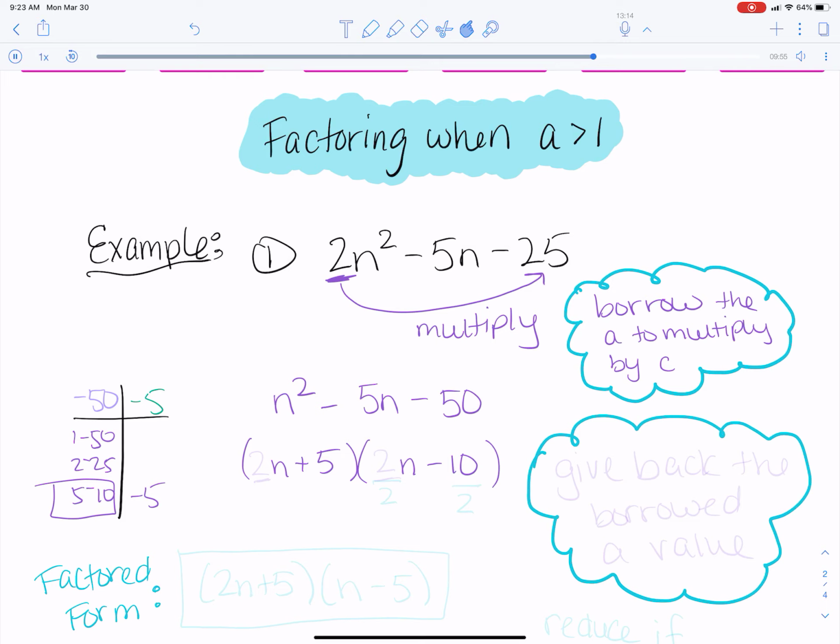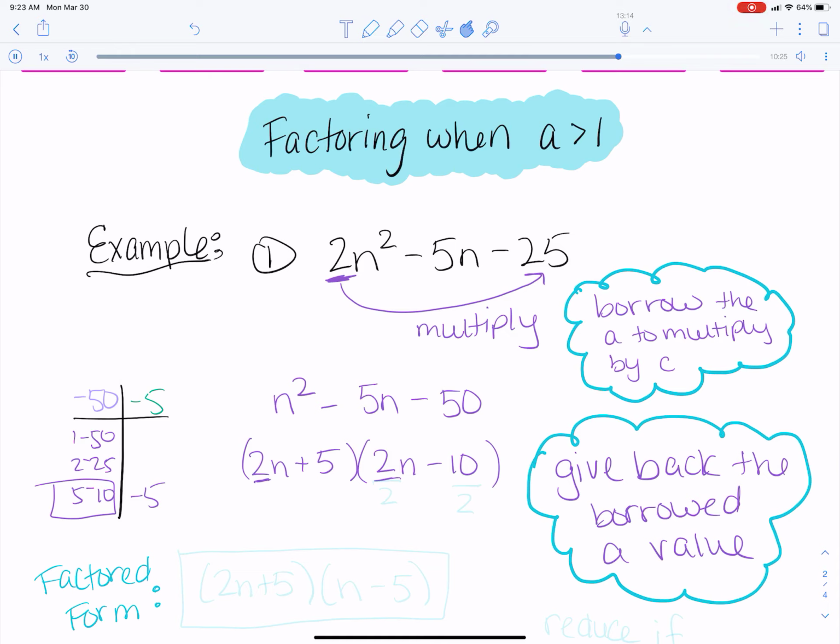Now, I left some space in this front part because remember, when we borrow things, we have to give it back. So we borrowed this 2. Now we have to give back the 2. So I'm going to place the 2 in front of both of my variables.